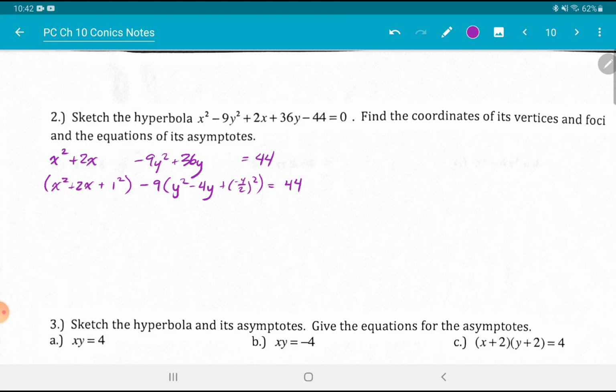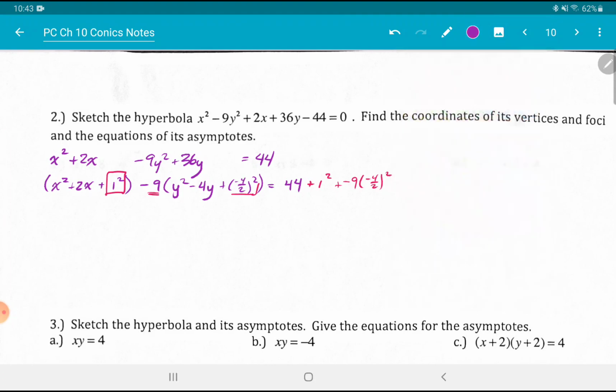Don't forget though, I should have color-coded this, when we added some extra terms there, we should also add them onto the right side as well. So plus negative 4 over 2 squared. Don't forget, what else do you have? You have a multiply by negative 9. Okay?